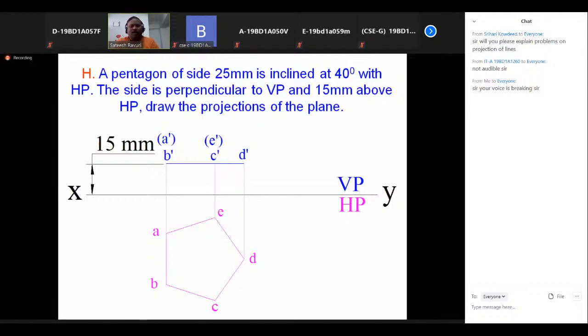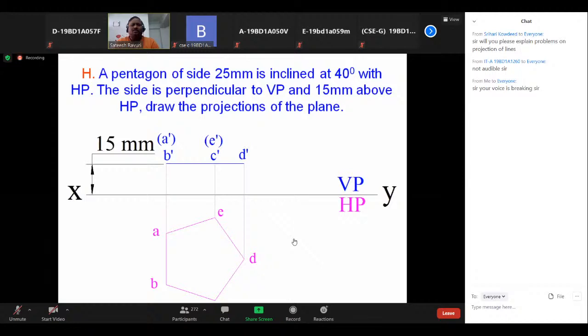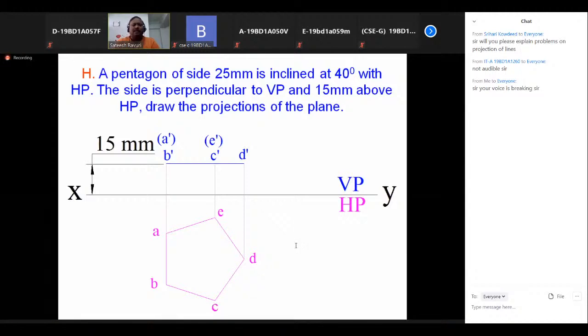So what do we know? We know the actual size or true size of the regular pentagon with 25 mm sides. Because we don't know the amount of reduction, we know the true shape. So to get the reduced shape, we have to start with the true shape.